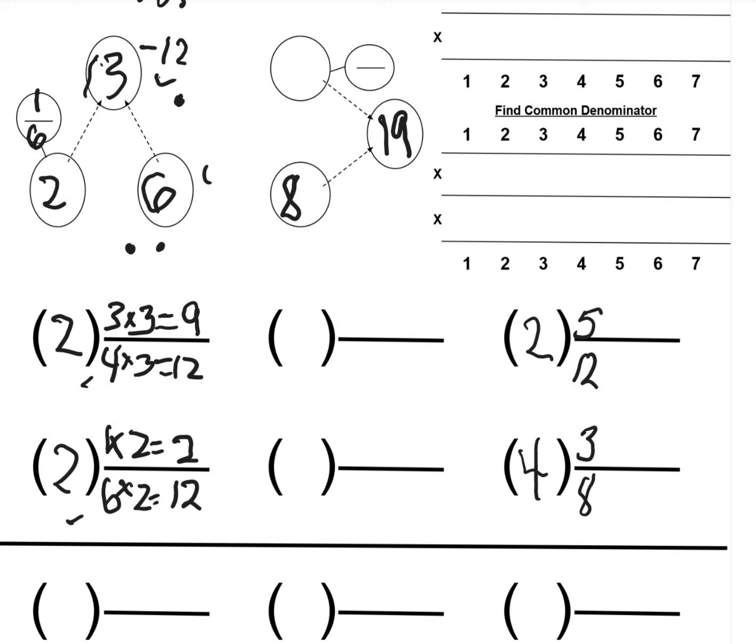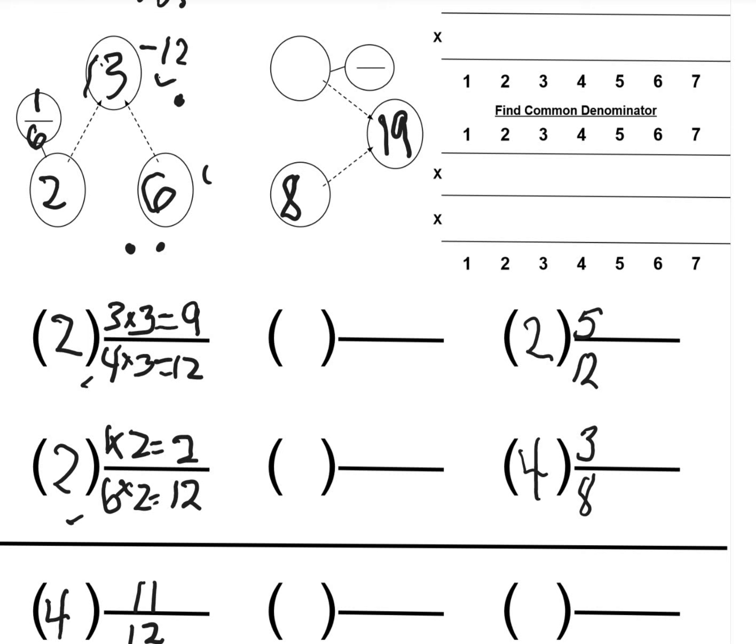So now we have two fractions with the same denominator, so we can add those together. So we have 9 plus 2 gives us 11 12ths. And we have the whole numbers, 2 plus 2 gives us 4.